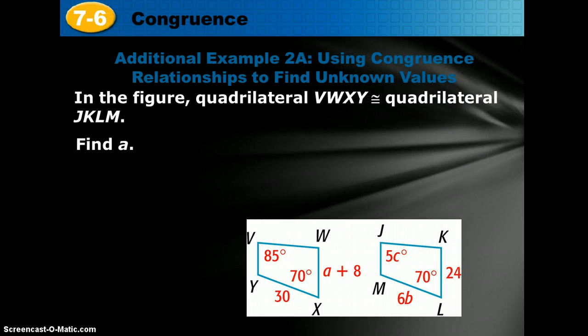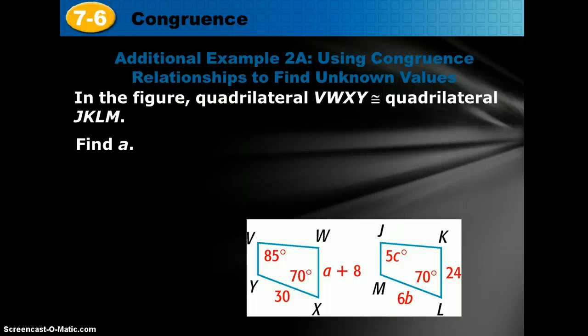In our third example, we're going to look at this a little bit more algebraically because it's going to be similar to solving a one or two-step equation. So my question wants me to find lowercase a, and lowercase a is associated with side WX of the left-hand quadrilateral.